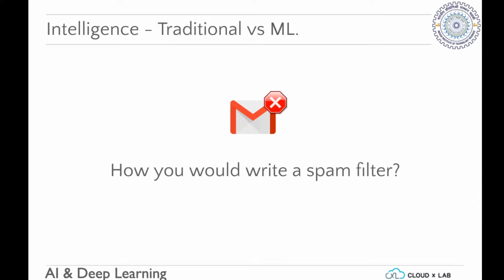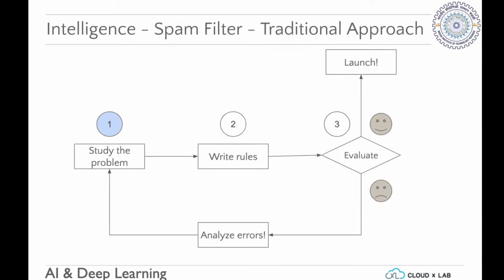For any email that comes in, we try to identify whether the email is spam. Spam is anything you're not interested in, random stuff random people sell to you, and anything that's not spam is called ham. Now, what's the traditional approach? In the traditional approach, you first study the problem.